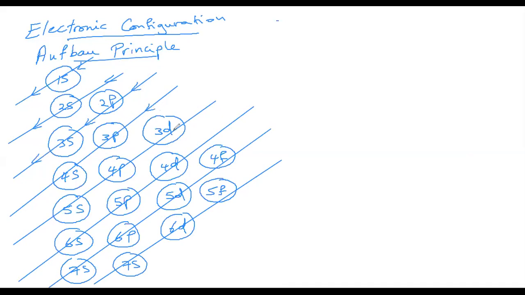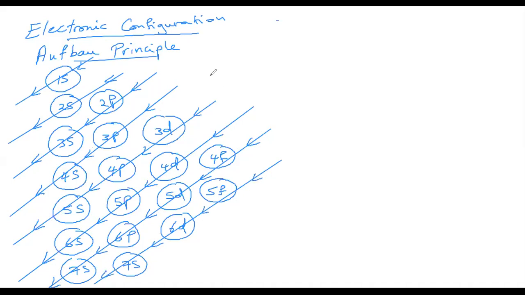But instead of filling the 3d afterwards, according to the Aufbau principle, we fill the 4s first, and then the 3d, then the 4p, then the 5s, then 4d, 5p, 6s, then the 4f, and so on. We go along with this distribution.